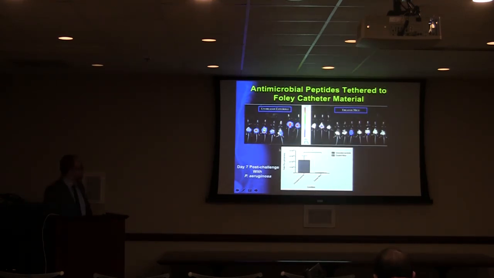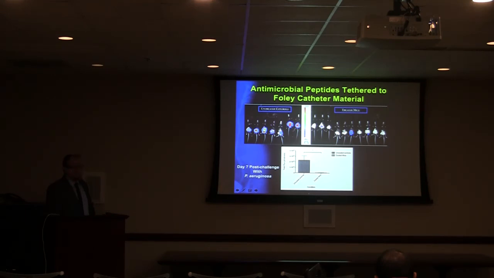When you look at 7 days post, you can certainly see untreated control mice got significantly worse because it gets bluer, there's more bugs. Whereas the treated mice, you can see that the majority of them actually cleared the infection. And certainly, again, when you look at the total flux numbers, you see a significant decrease in the animals that received the coated catheter pieces.